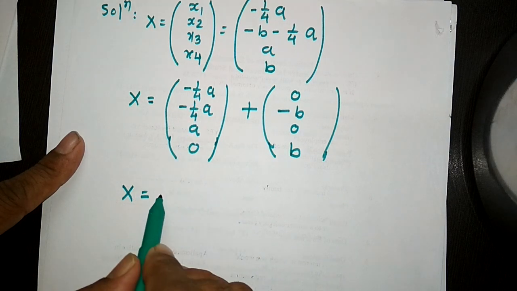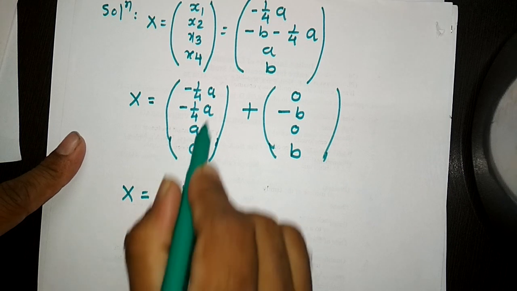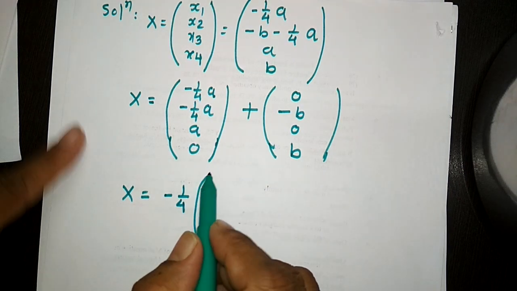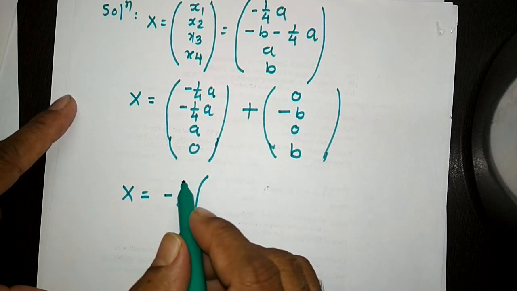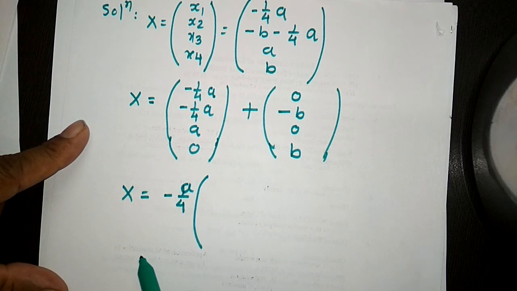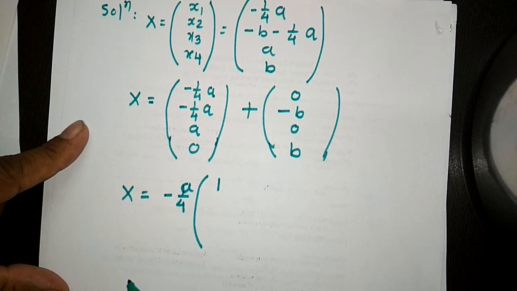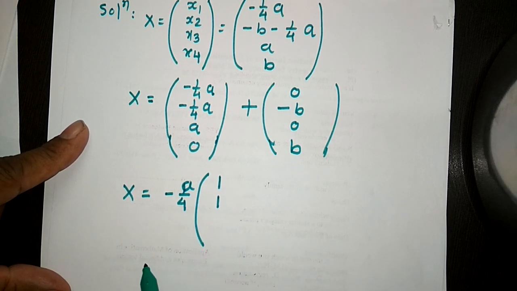here we take the minus 1 by 4 outside, and we also take the a outside. So minus a by 4 we can take outside, and we get 1 here, and 1 here.